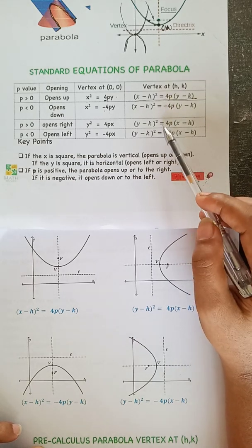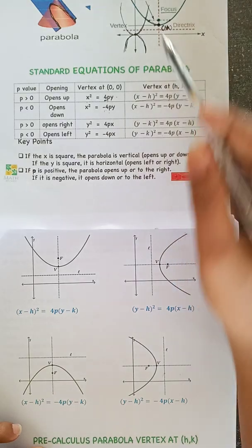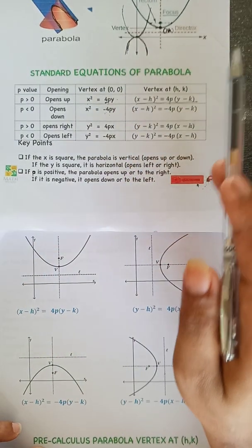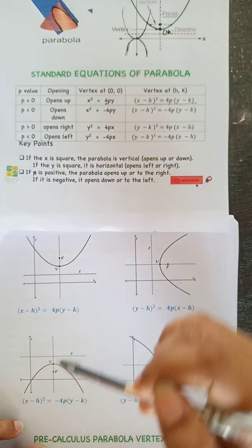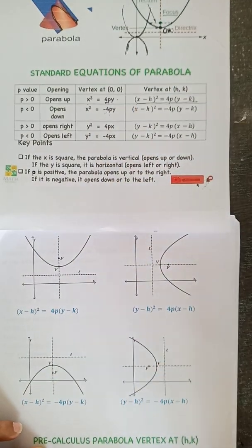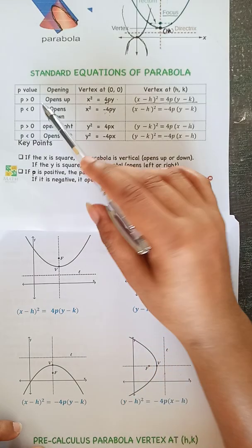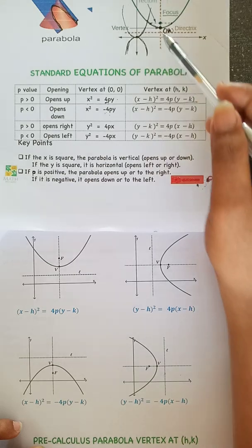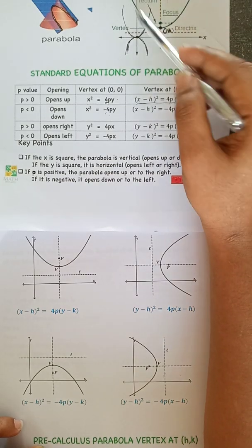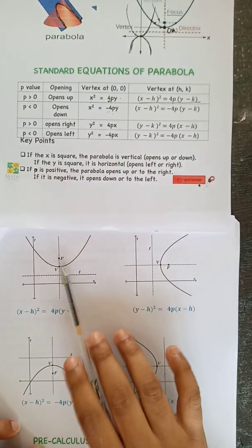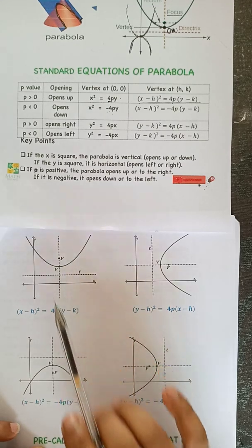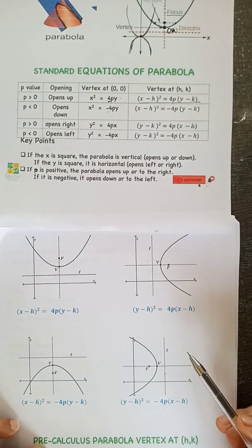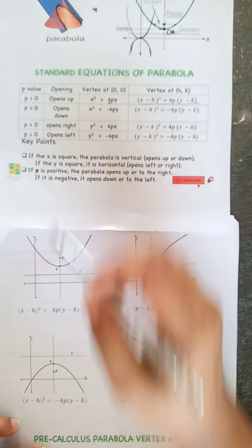Okay, pero magdepende ang formula on the graph kung asa siya nag-open. It's either open upward, downward, or sa left or sa right. Okay, so if p is greater than 0, it opens upward. So this is the example of opening upward. If p is positive, it opens upward.